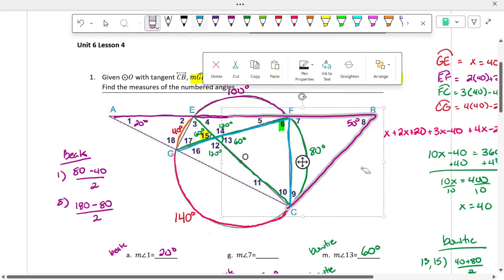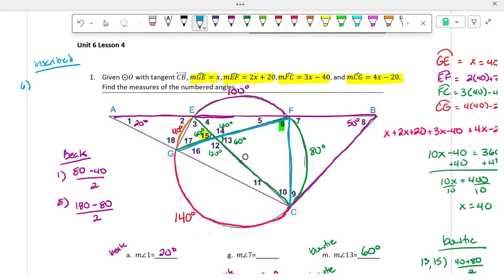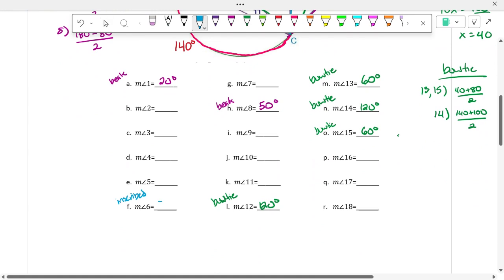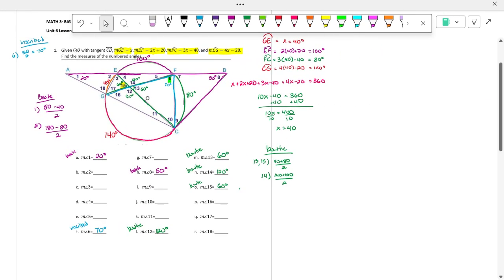So for inscribed, for number 6, I'm going to do 140 divided by 2, which is what? 70. So 6 is 70 degrees. So that's what I'm going to put right here. So I just did 140 divided by 2, got 70. So that's angle 6.